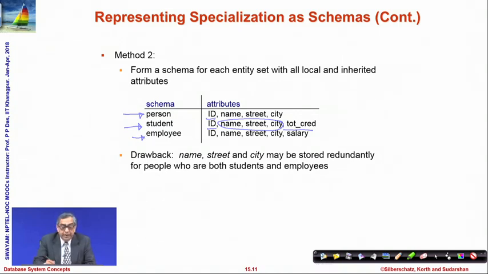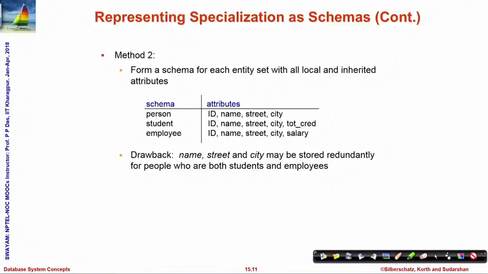Now, this naturally makes it easy to extract information for a single entity set, but at the same time you are storing the same data redundantly for people who have an overlapped representation. As we know, student and employee are overlapped, so the same entity will occur in student as well as in employee.